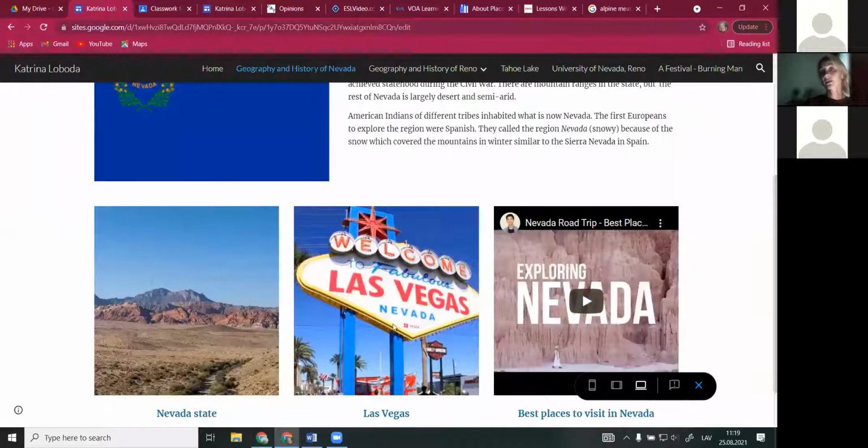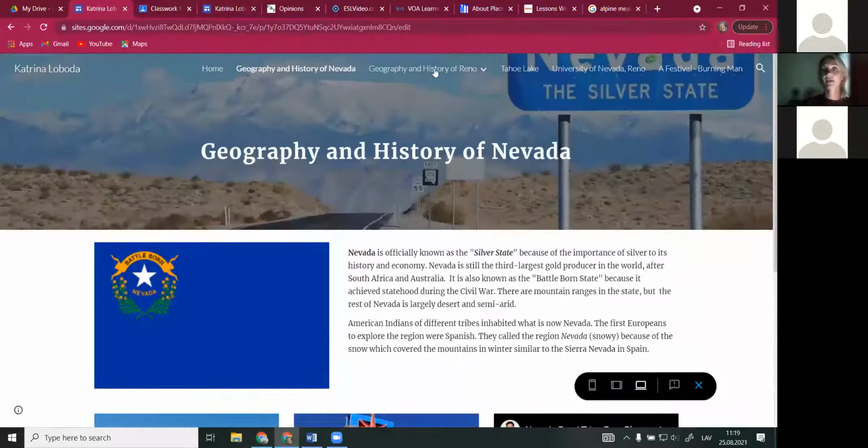And here I included the pictures of Nevada state. For example, this picture shows that the climate is semi-desert in Nevada state. Las Vegas is the biggest city and the most popular one in the state. And there is also a short video about best places to visit in Nevada.